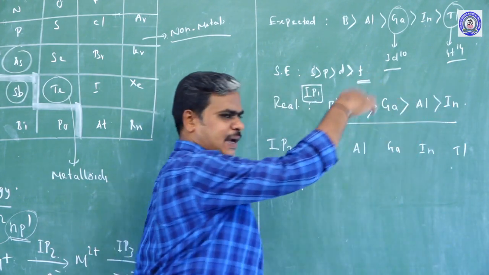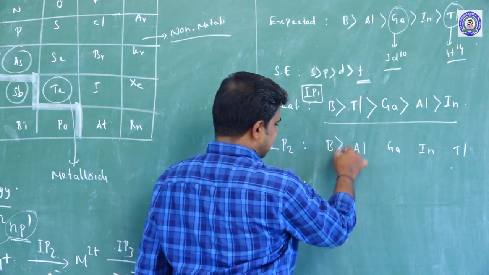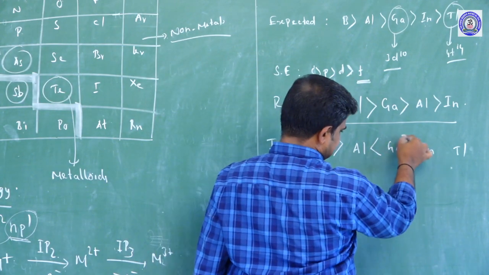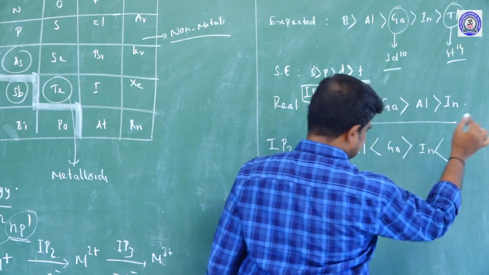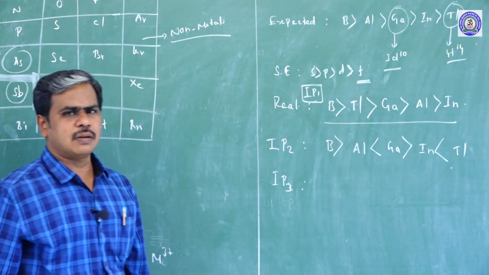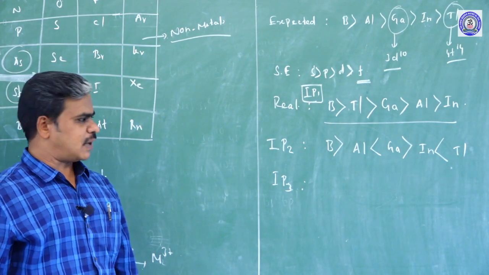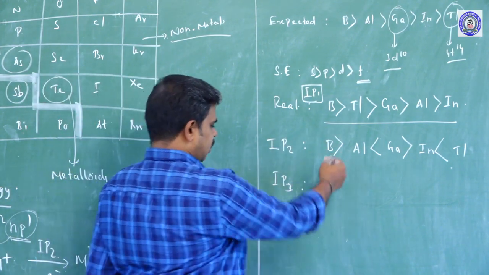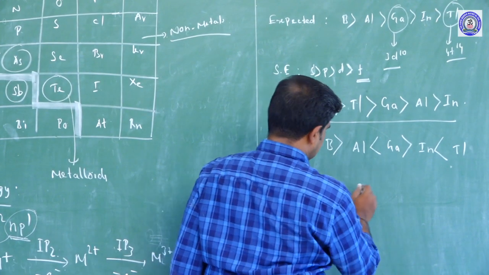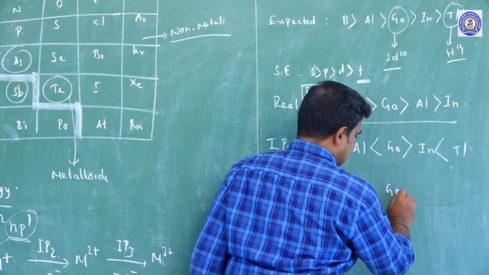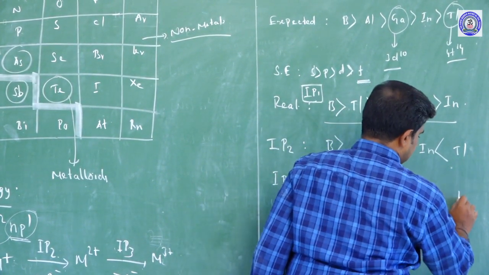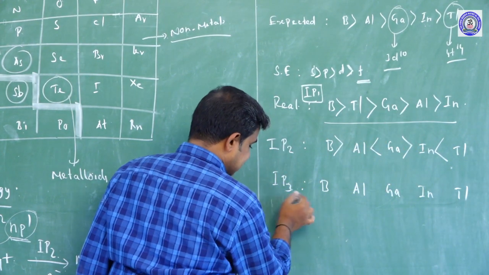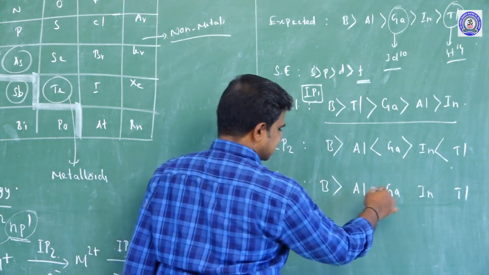It is in a zigzag manner: first it increases, decreases, increases, decreases. So we can easily remember it as a zigzag manner. The third ionization potential follows the same order.